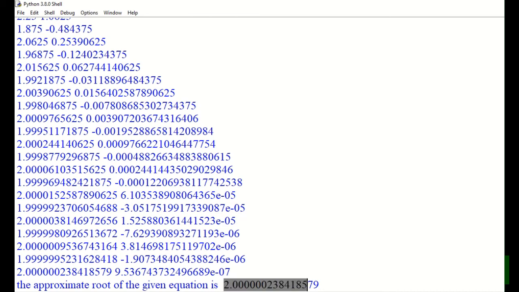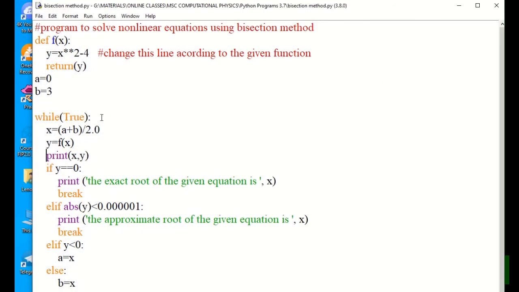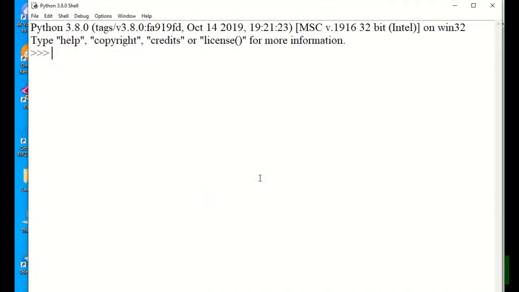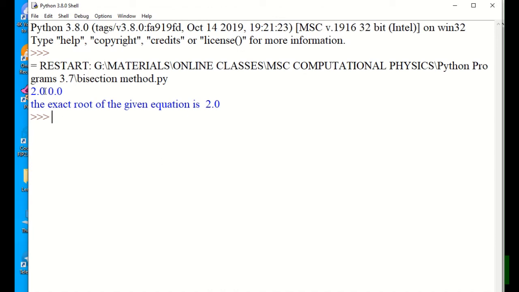Now let us check the same code by choosing a different value for b, say 4. In the first step itself, it evaluates the midpoint as 2, and when it evaluates the function at the midpoint, it turns out to be 0 and we get the exact root. So in the very first step, the midpoint is 2 and the function f of x, that is y, is 0, and we got the exact root of the equation as 2.